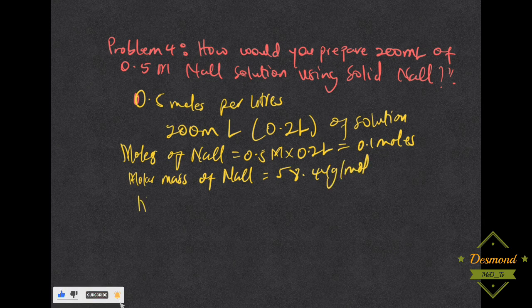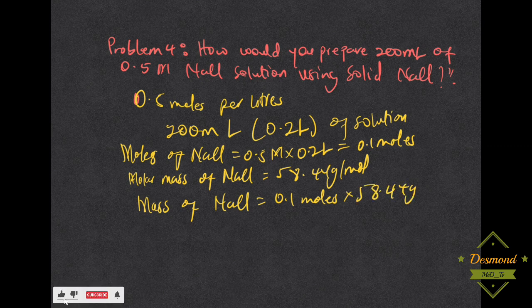And so the mass of NaCl should be equal to 0.1 moles times 58.44 grams per mole. The mole here cancels with the mole here, and we should get 5.844 grams.